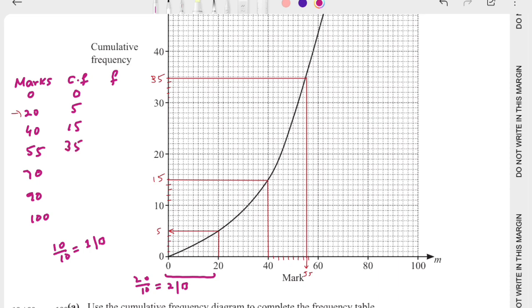Now against 70 we have to see the scale as well. 62, 64, 66, 68 and this is your 70. So we can take help of the scale again.